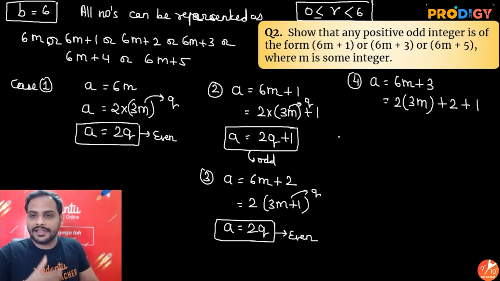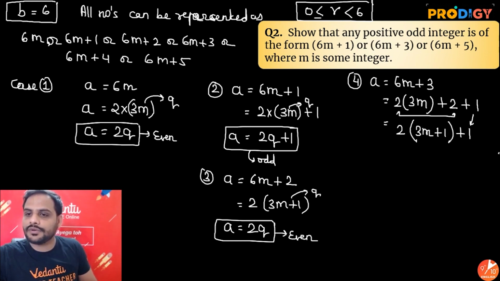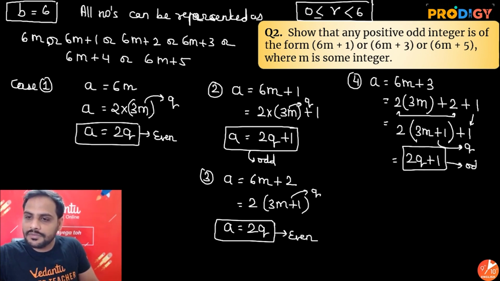Why? Because now I can take 2 common from this much term. If I take 2 common, from here I am left with 3m, from here I am left with plus 1, and this outer plus 1 I am writing over here. Let's write 3m plus 1 as some number q. So it will be 2q plus 1, and at the end I can say it will be an odd number.